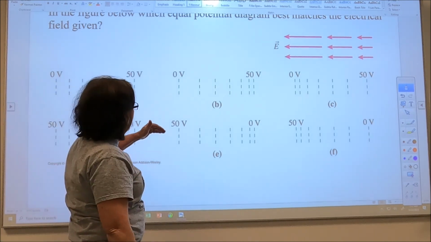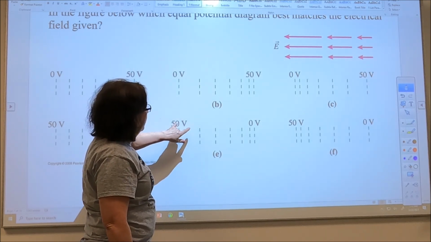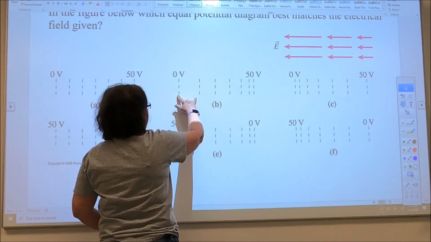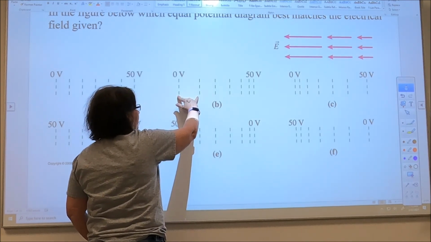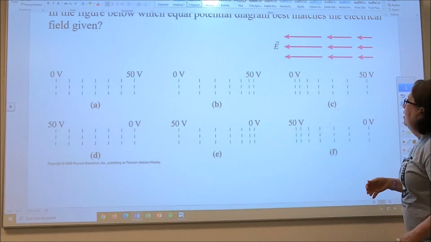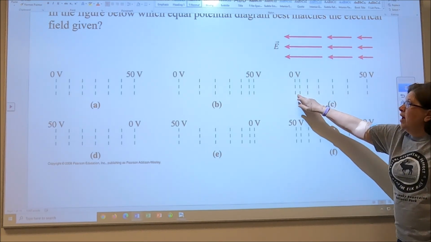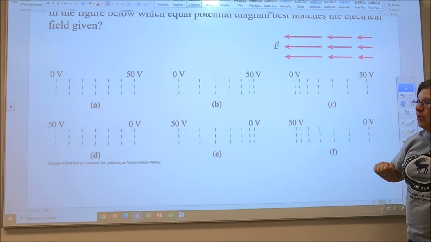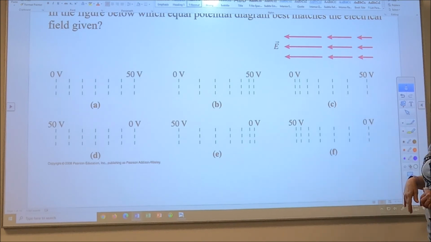I can knock B and E out here because they are unequally spaced, but as I'm going in this direction, they're getting further apart, which means the electric field should be getting weaker. So I'm down to C and F. And the correct answer here would be C, because we want the electric field vectors to point in the direction of decreasing electrical potential. So the correct answer, C.